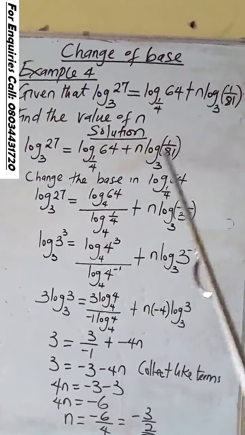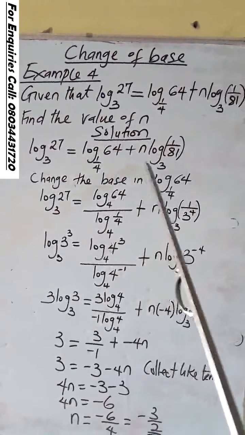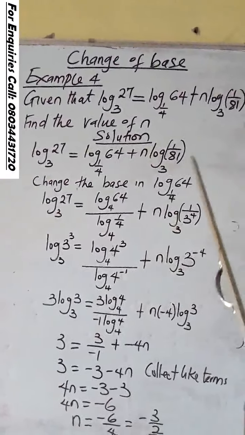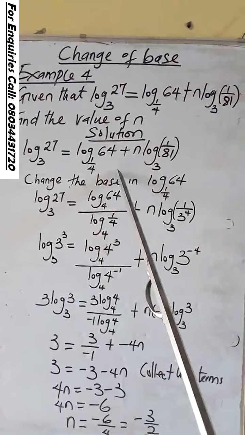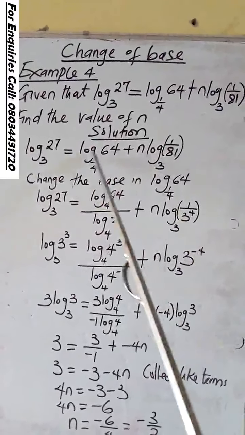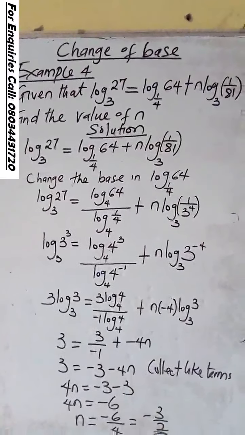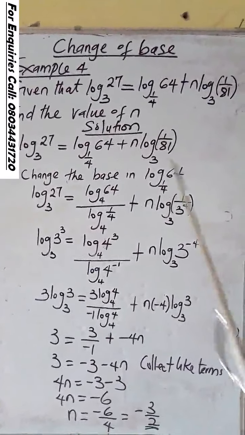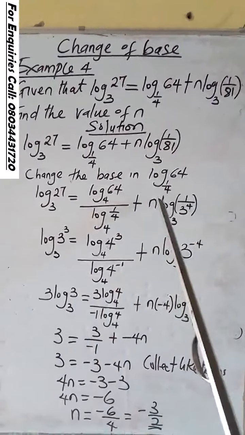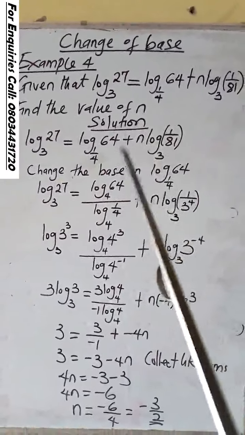Now, if you look at this question, you find out that it's not convenient to solve because of the base. We have 3 here, we have 1/4, we have 3. So it will not be convenient for us to solve. So what you do is to change base.